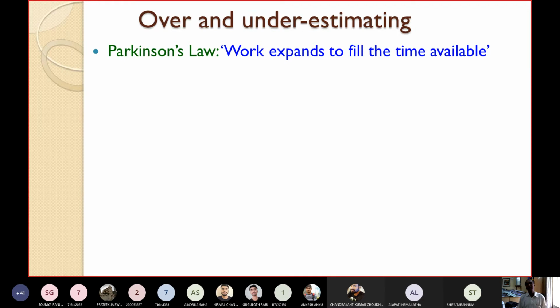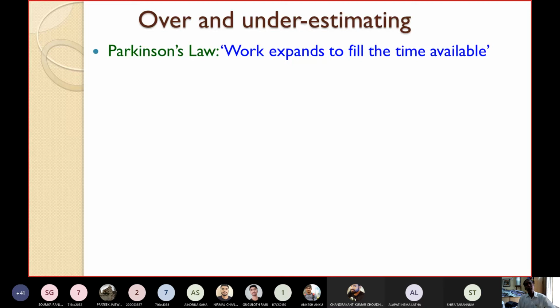You will just go to a canteen, library, do some internet browsing, or WhatsApp business to fill the slack time. So the work expands to fill the time available. This is Parkinson's law. Very, very important. Please remember: the work expands to fill the time available.